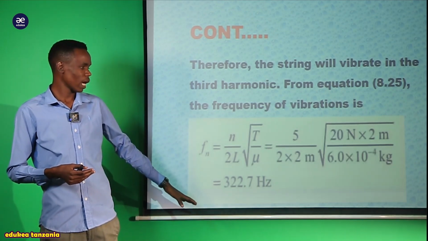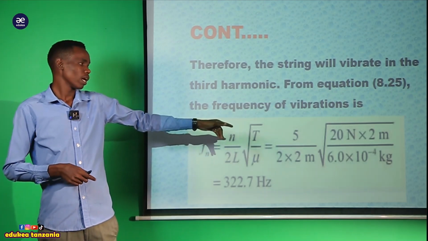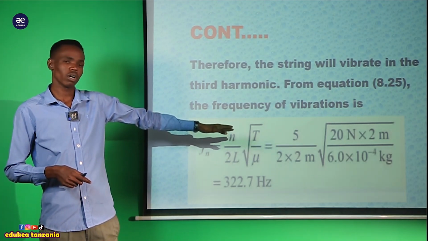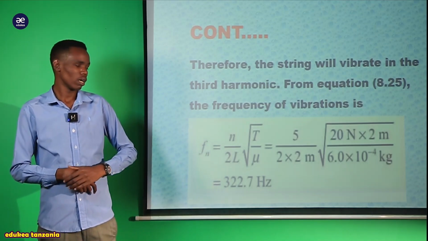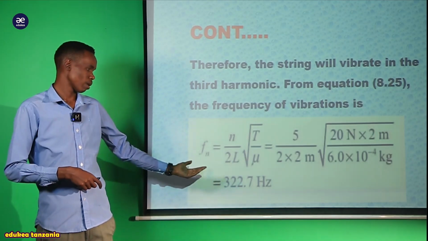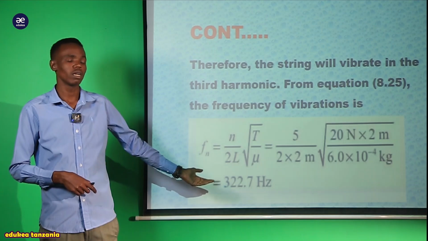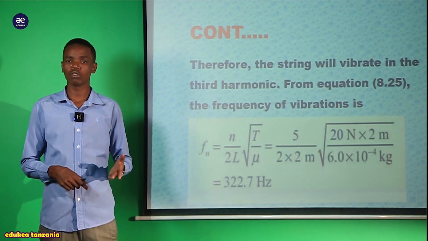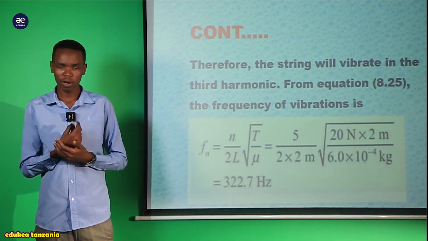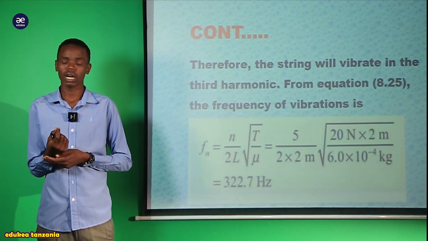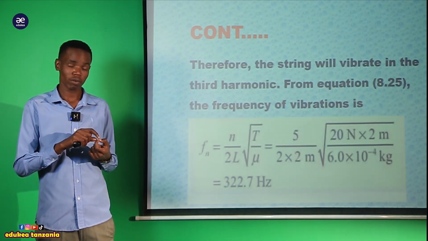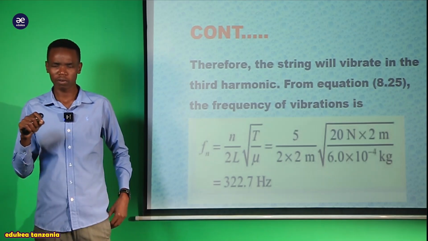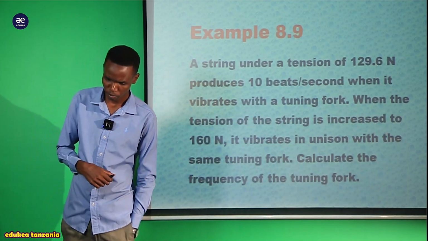This answer comes after simplifying, after taking these values and substituting them into your mathematical calculator. Finally you will get this answer, 322.7 Hz, which is the frequency we were asked for that will make the string vibrate for the number of harmonic which is equal to 5.